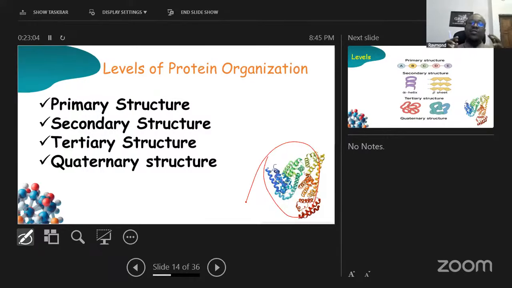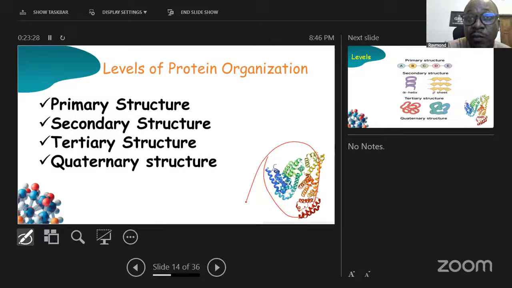So the tertiary structure is when we have two or more secondary structures present in a protein. We can have two alpha helices joined together, like you can see on the screen now. You can see the alpha helices in green ribbon: 1, 2, 3.